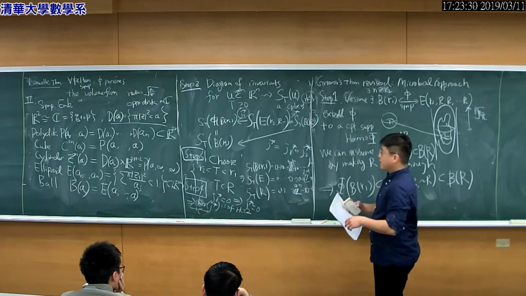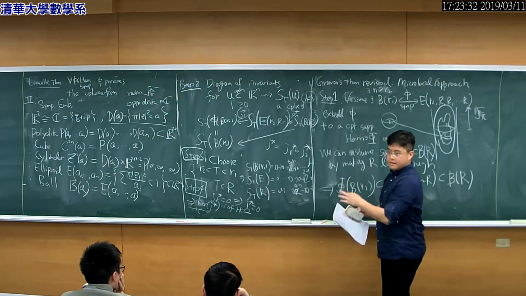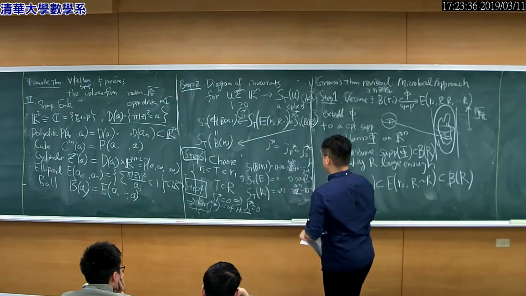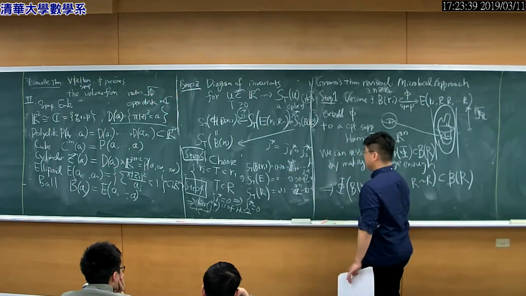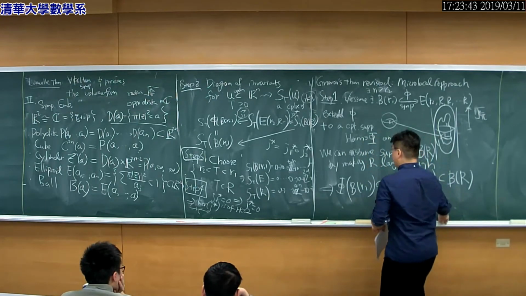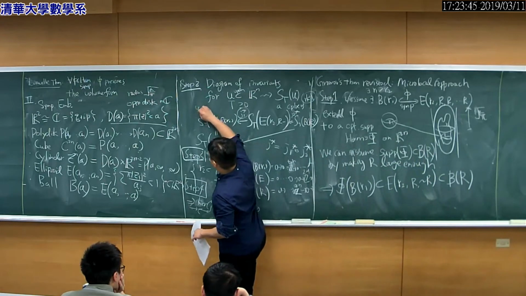So for this part, I'm not going to explain how to assign such an invariant, but there do exist such invariants. And if you are interested in topological data analysis, those things are persistent modules.